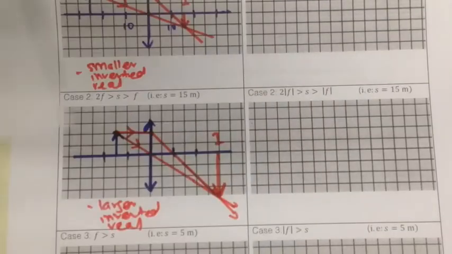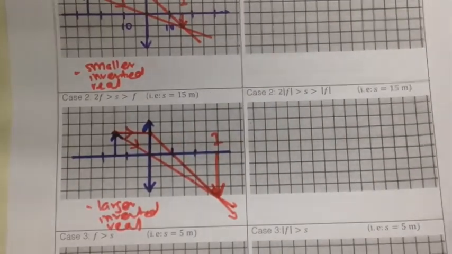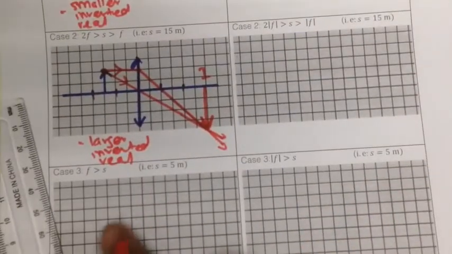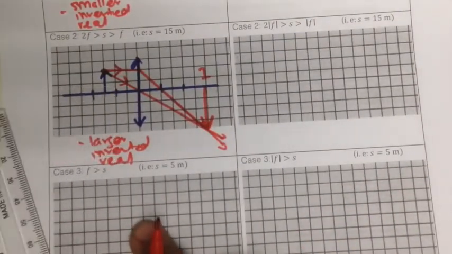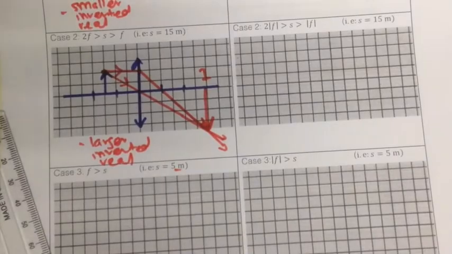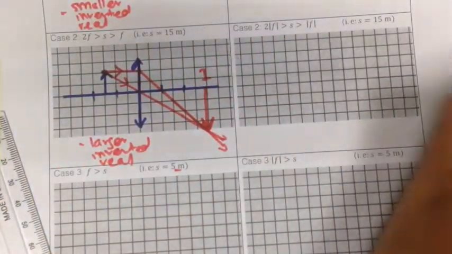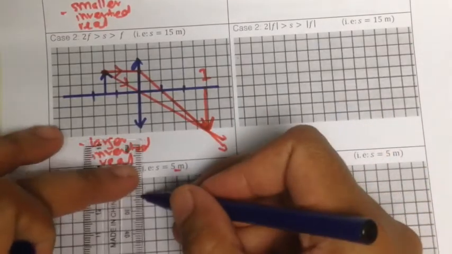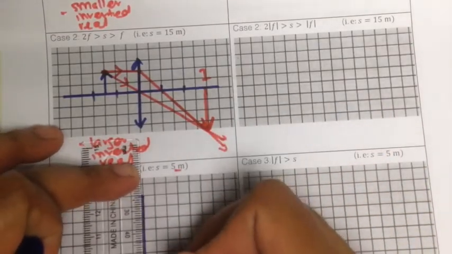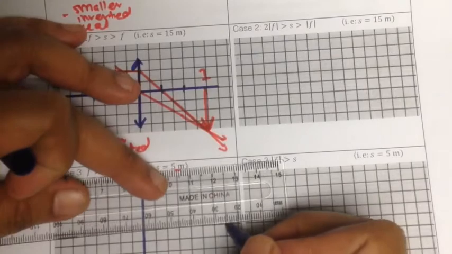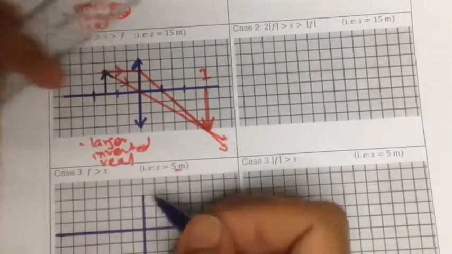Next, if the object is brought very close to the lens, let us draw like this and like this.